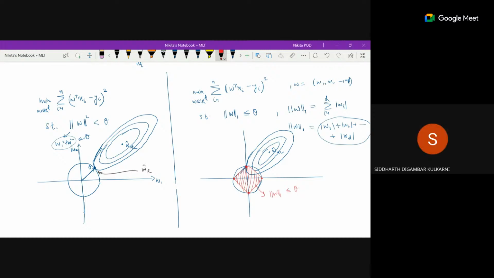So you are saying the ellipse will intersect this square at the corners more often. Yeah. This is a very simple case of a 2D plane.